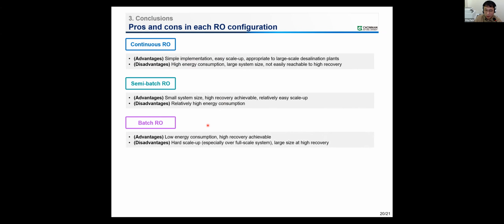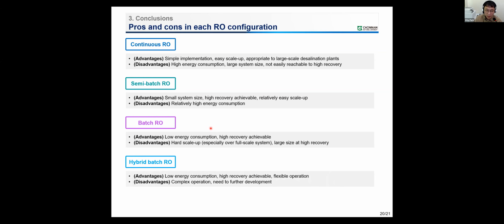About the batch RO system, low energy consumption and high recovery achievability are the main advantages. However, the disadvantage is hard scale up, especially in a large scale system or full scale system. About the hybrid batch RO, the low energy consumption, high recovery achievability, and operational flexibility are the main advantages.